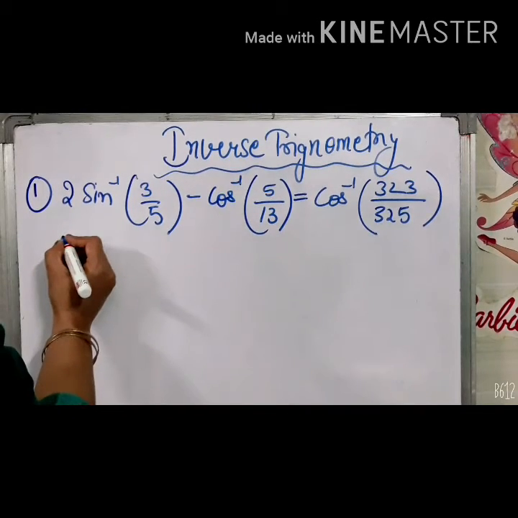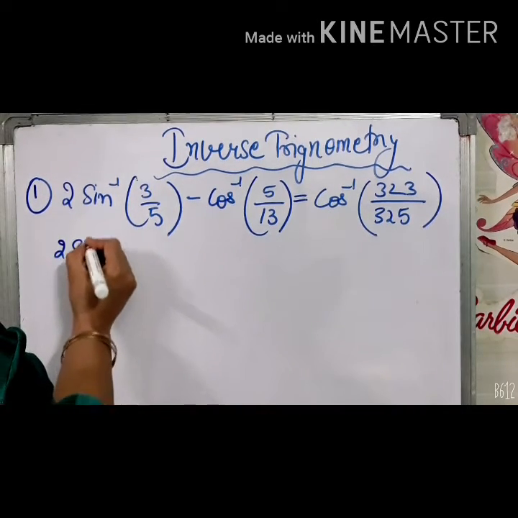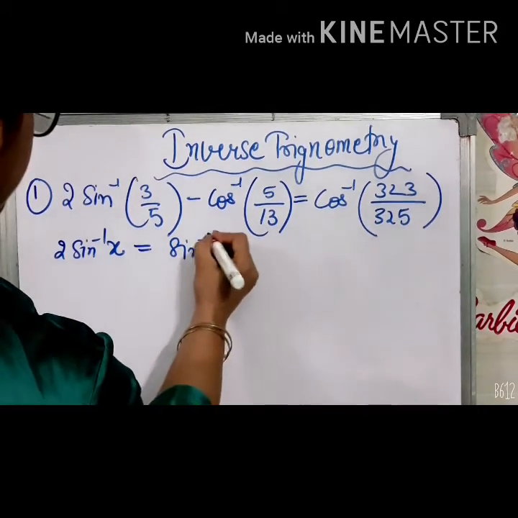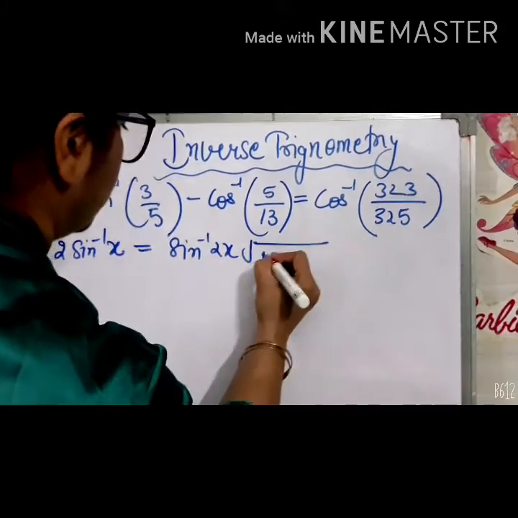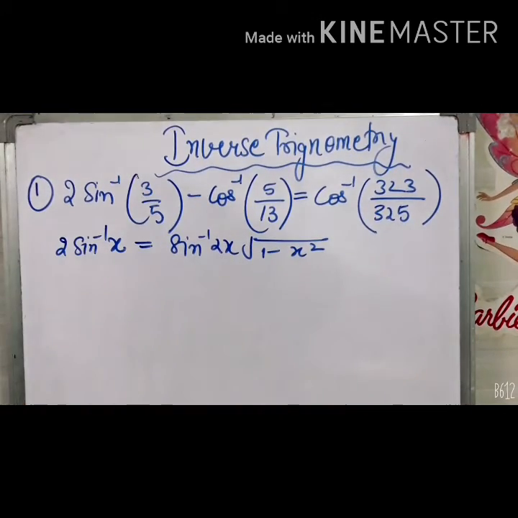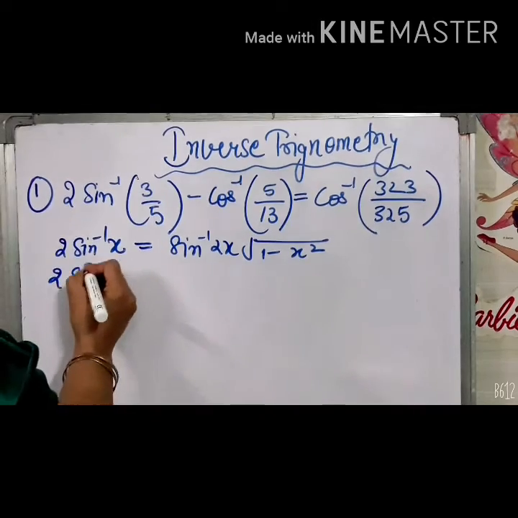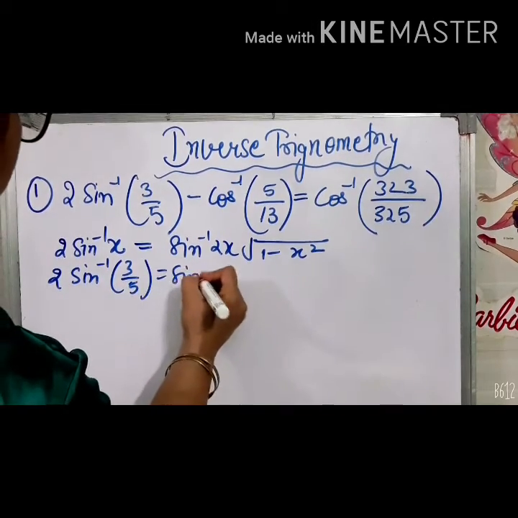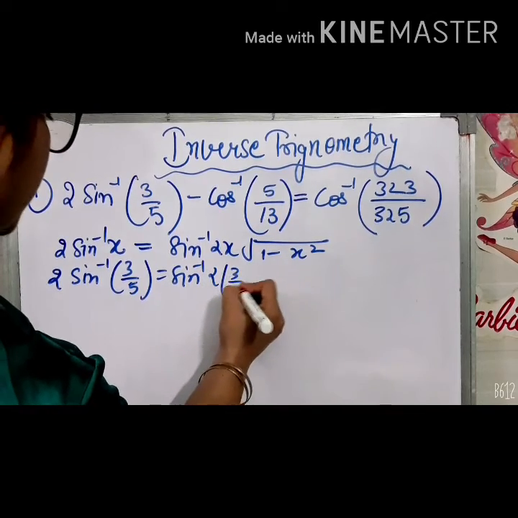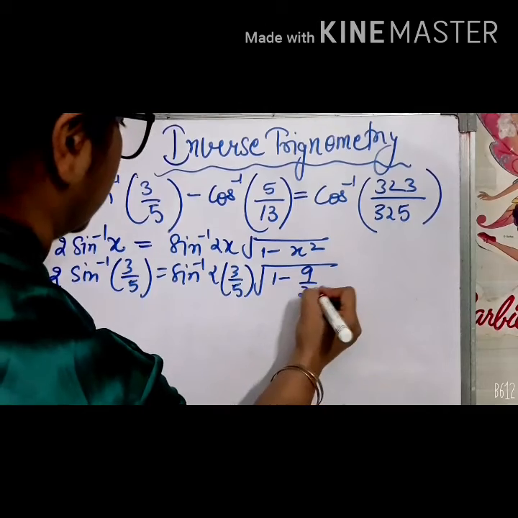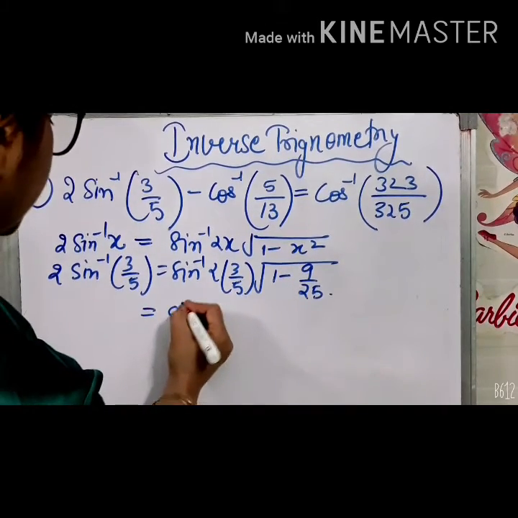First of all, I will write the formula. See here, what will come? Sine inverse of 2x under root of 1 minus x square. I am using this formula for this one. 2 sine inverse of 3 by 5 is equal to sine inverse of 2 into 3 by 5 under root of 1 minus 9 by 25.